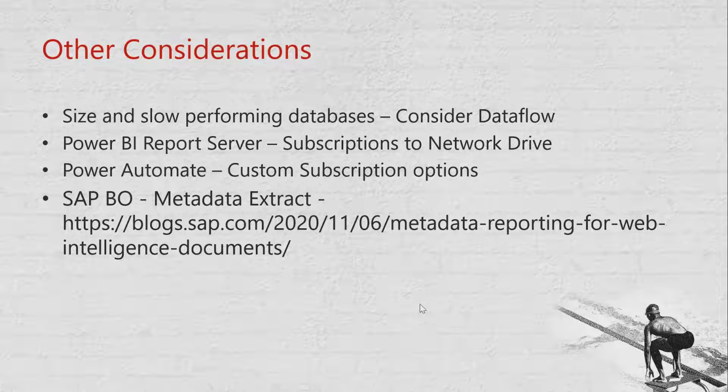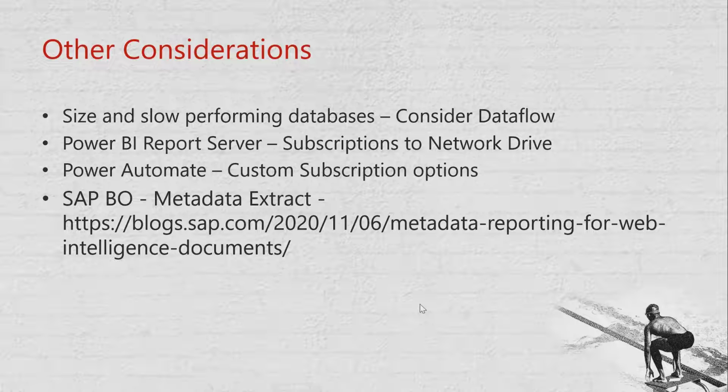And then you can think of using Power BI Report Server in case you need subscription to a network drive. We have that functionality available in Report Server. And you can use Power Automate in case you have a custom subscription requirement, like exporting the report and storing it in a SharePoint folder or the local drive.